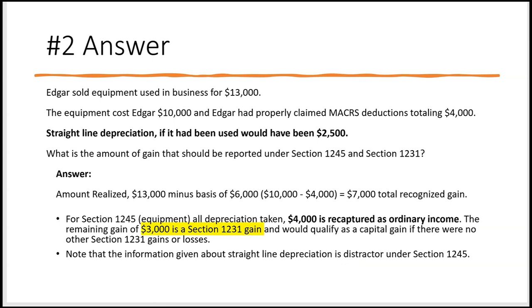You'll see if we were depreciating a building, then the information about straight line depreciation would come into play. And if you watch this sim in its entirety, when we get to the sale of the building, you'll see the difference. So make sure to watch this sim to the very end.